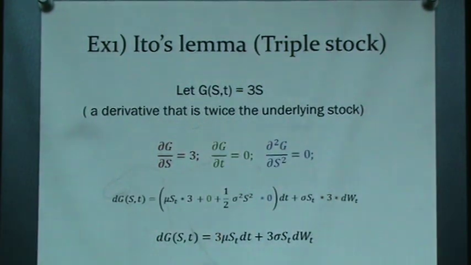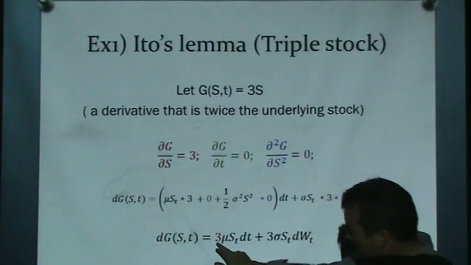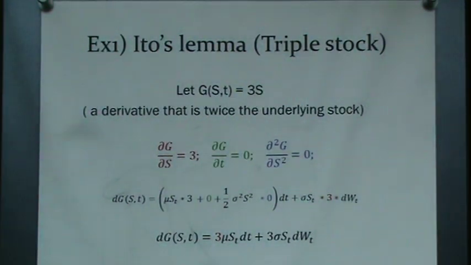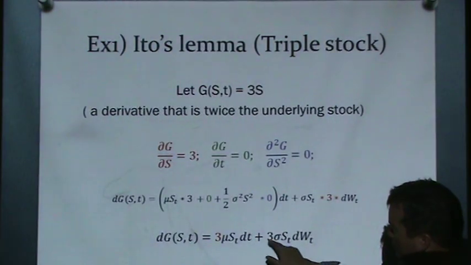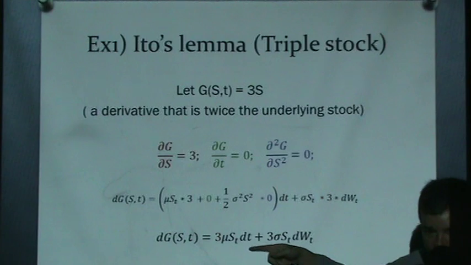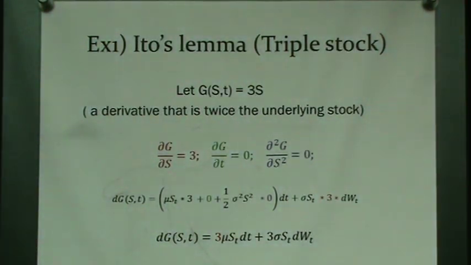If the derivative was 6 times the underlying stock, the expected value should grow by 6 times. The standard deviation would grow by 6 times, which means the variance would grow by 6 squared, 36 times the variance of the underlying stock.